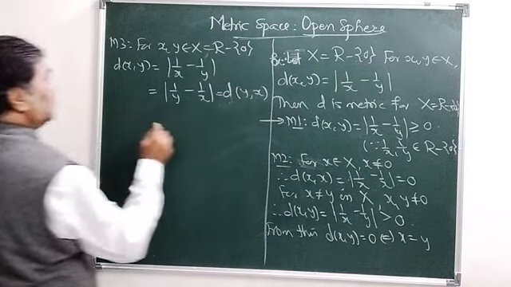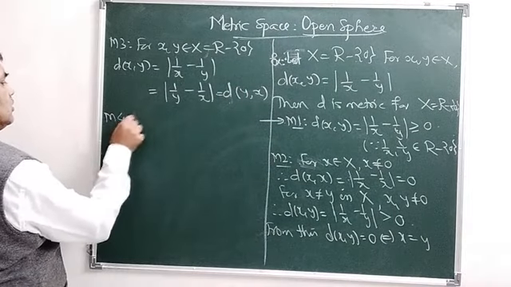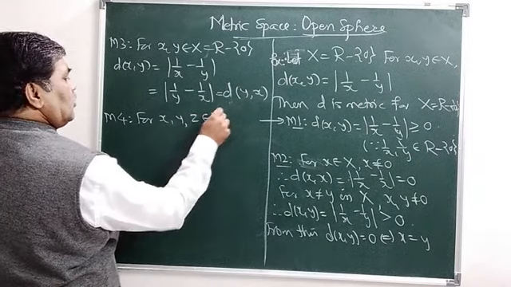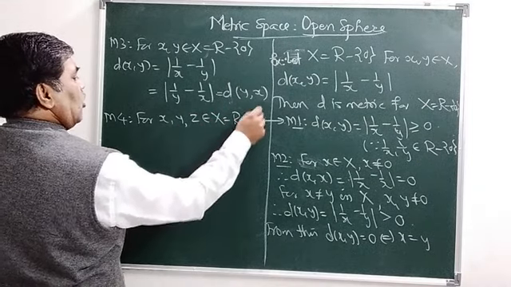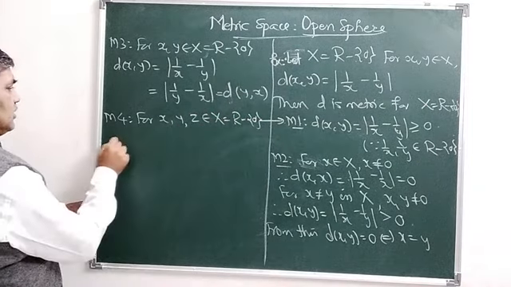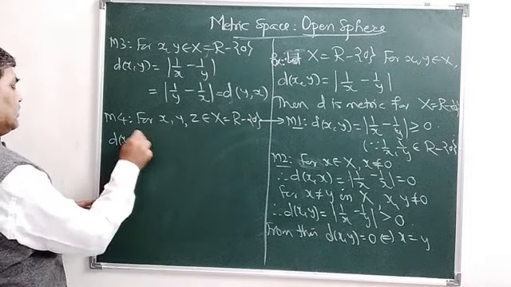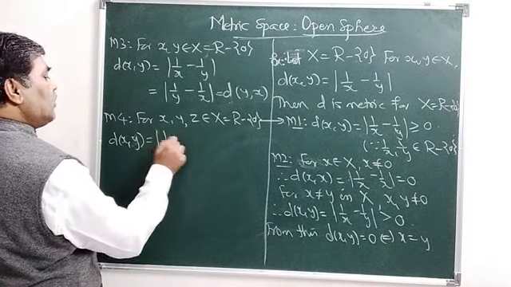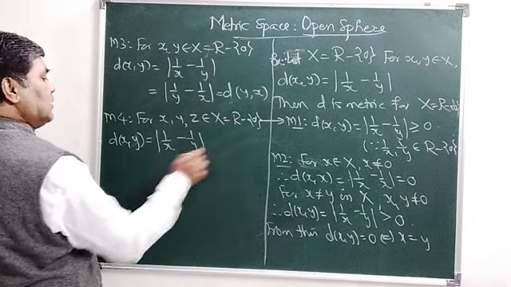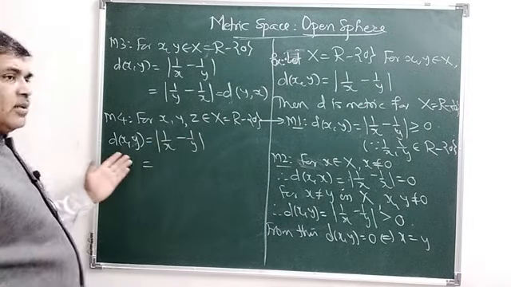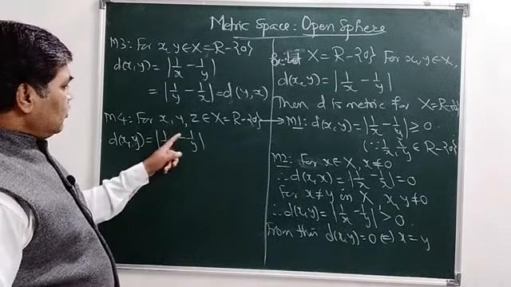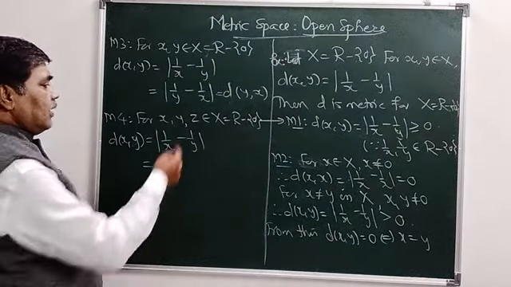So the symmetry axiom holds. M4: for x, y, z belonging to X equal to R minus {0}, all numbers are non-zero. d(x, y) is equal to mod of 1/x minus 1/y. I have to relate it with d(x, z) plus d(z, y), so I will insert 1/z here, adding and subtracting.